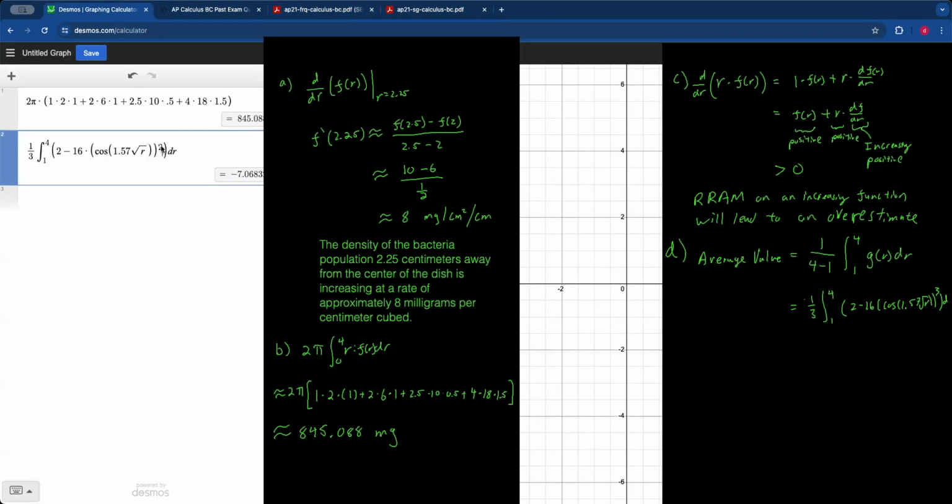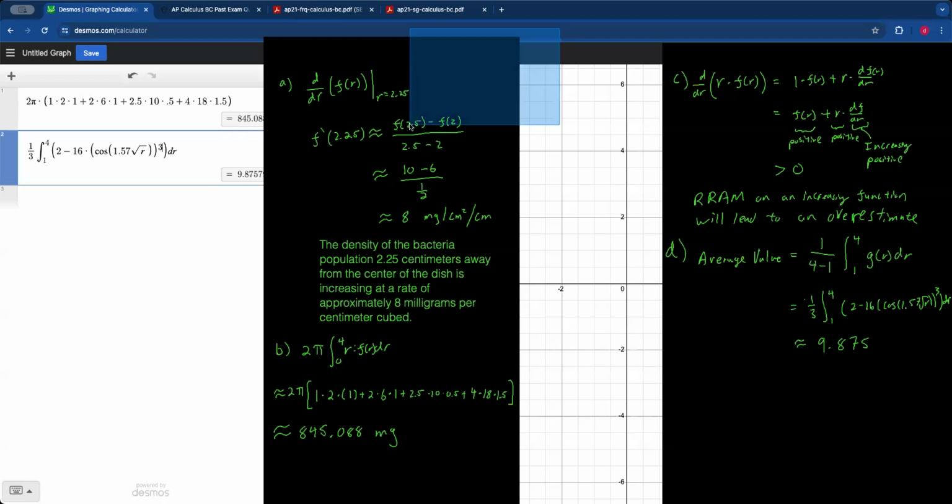Well, in that case, I almost made a very silly mistake. Let me see if I made anything else. 2 minus 16 times cosine 1.57 square root of r in quantity cubed dr. Yeah, that should be good. And I forgot an r over here, so let's fix that part. So this will be approximately equal to 9.875794875.